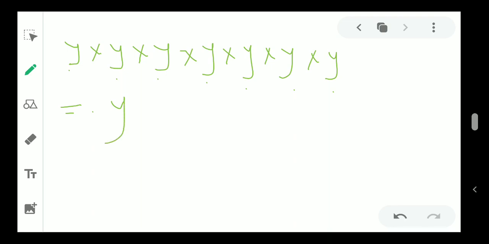So instead of writing the whole line again, I'll write y to the power 7. This means y is being multiplied 7 times with itself only. Okay, so x square means x is multiplied with another x. That means two x's are multiplied with each other. X cube means x into x into x.